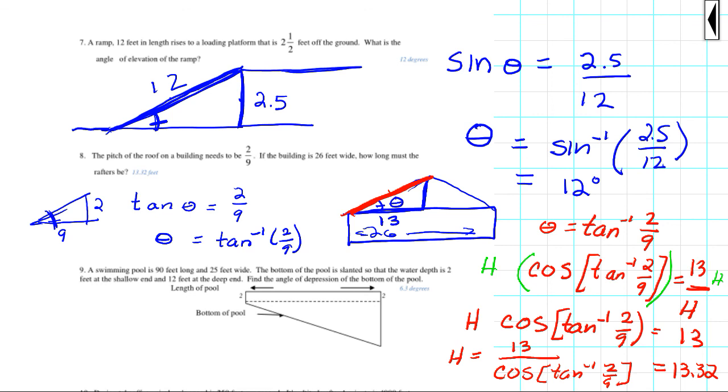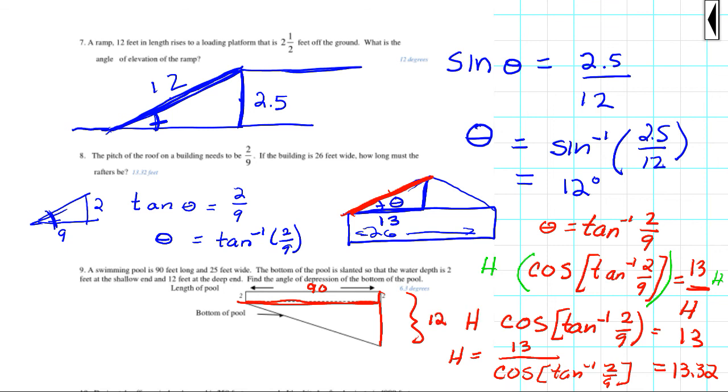Finally, we're looking at a swimming pool. This is the length of the swimming pool along here. So that is going to be the 90 feet. The pool at its deep end is 12 feet.